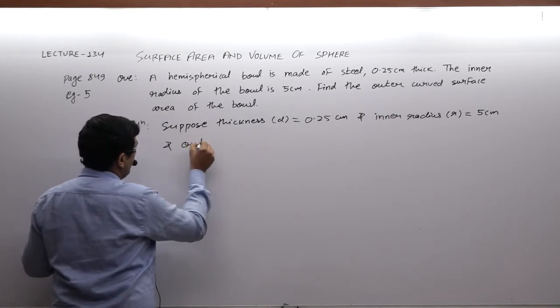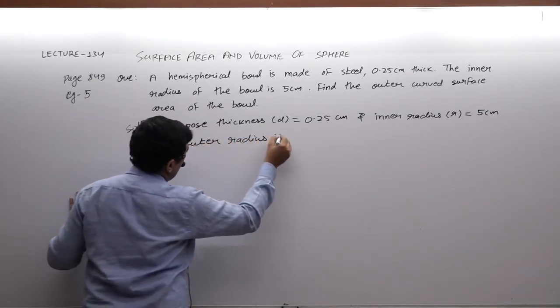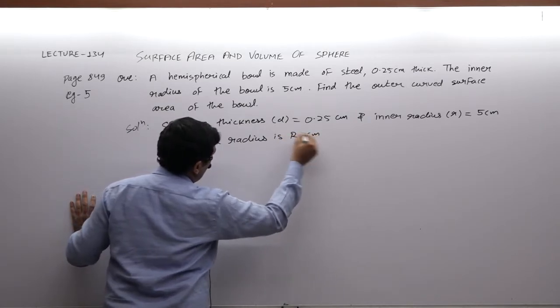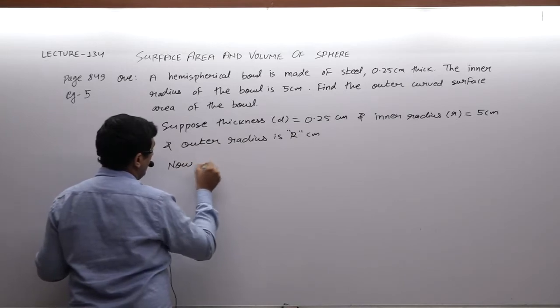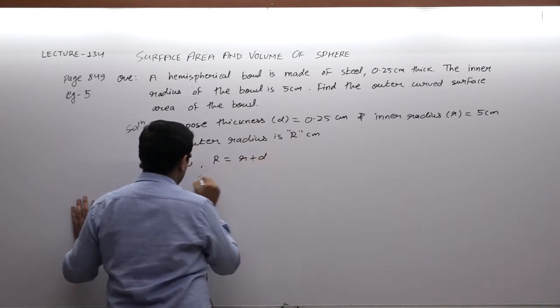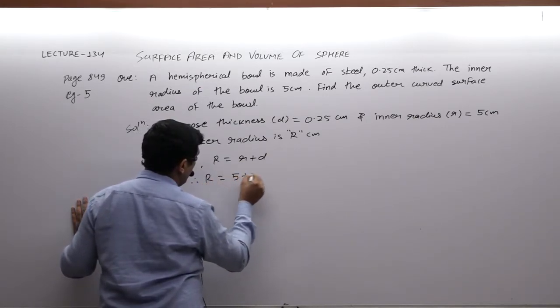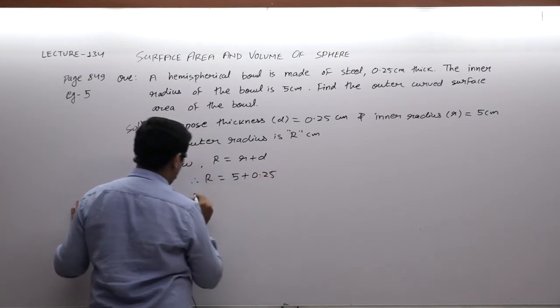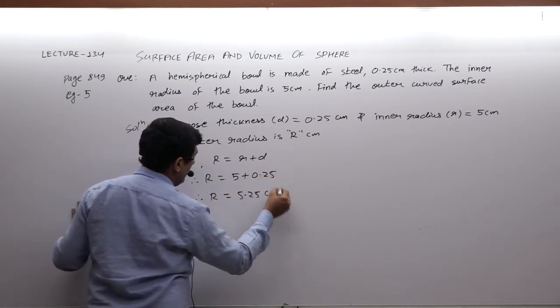And outer radius is capital R in centimeters. So now I can write capital R is equal to small r plus d. That is capital R is equal to 5 plus 0.25. So capital R is equal to 5.25 centimeter.